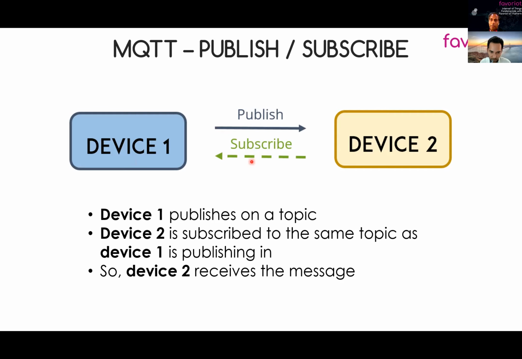Yes, it can. It can publish to as many topics and subscribe to as many topics. We will see that later in Hibiscus Sense. It can publish to a particular topic, and at the same time subscribe to a different topic to get control. Okay, so that's the first one.